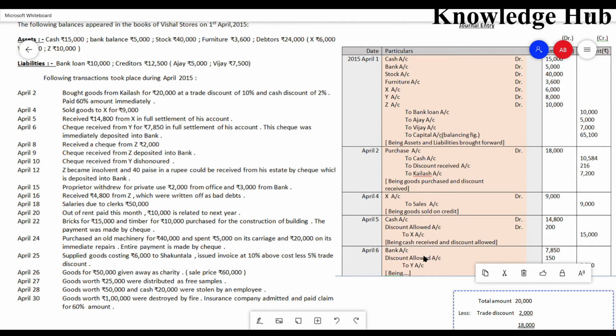So, my new journal entry on April 6 stands at bank account debit for 7,850, discount allowed account debit for 150, and to Y's account for an amount of rupees 8,000, which was in full settlement of his account. In the next transactions, I have not mentioned the narration, but remember, for every journal entry, you need to pass a narration as well.